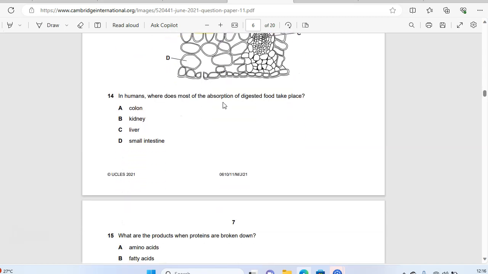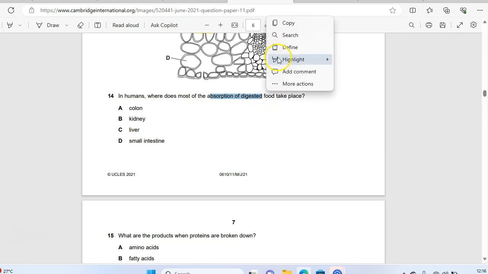Question 14. In humans, where does most of the absorption of the digested food take place? We are talking about absorption of the digested food.